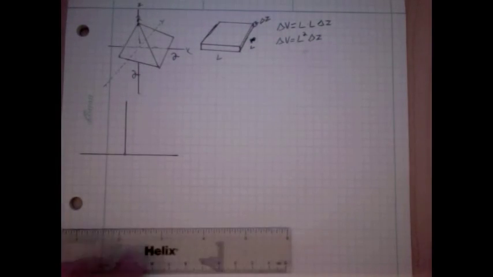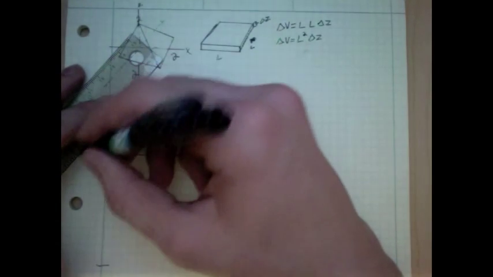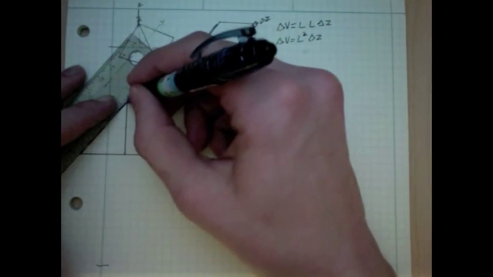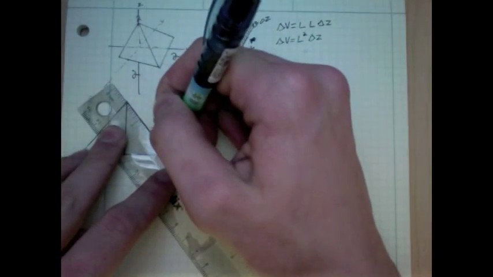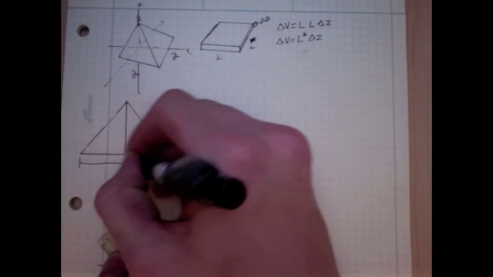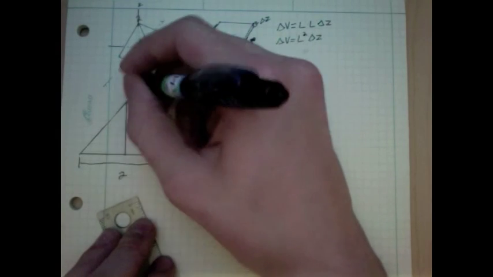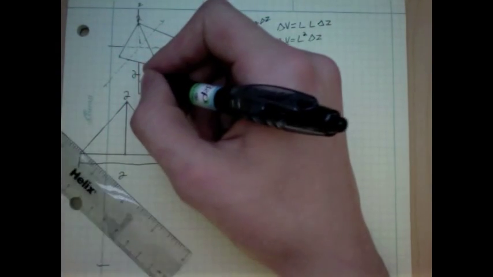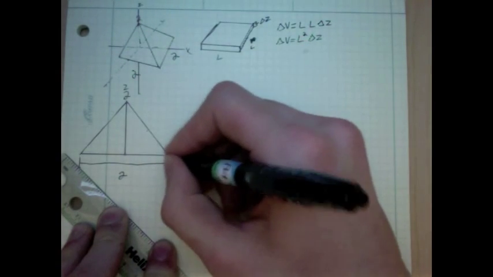As you can see, this is just a sideways cutout of the pyramid. So the distance across the bottom is 2. The distance from the bottom to the top again is 2. And so this is the Z direction, this is X.